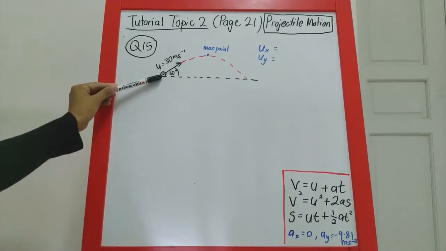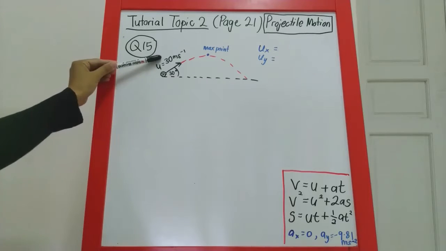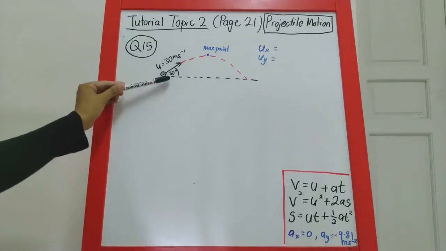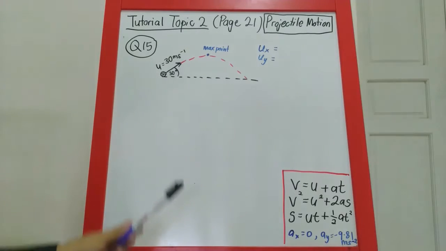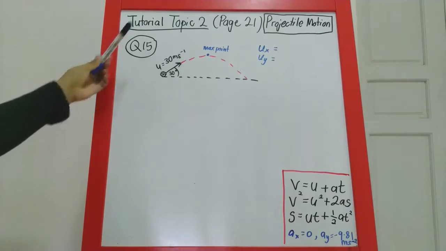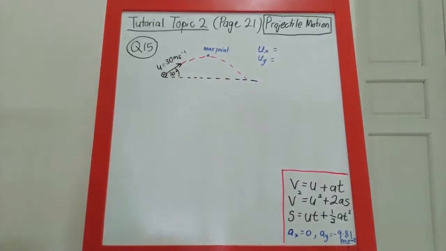So a golf ball leaves the ground with a speed of 30 meters per second at an angle 30 above the horizontal. For part A, it asks the horizontal and vertical component of the initial velocity. It simply asks for ux and uy.